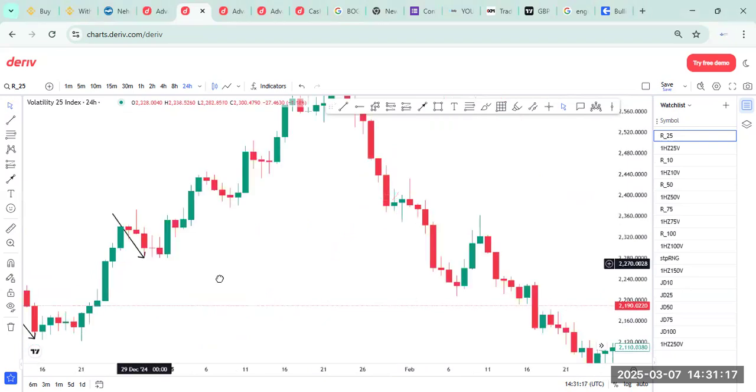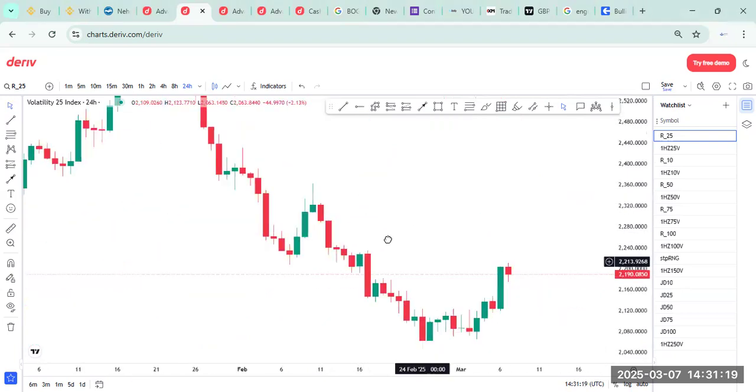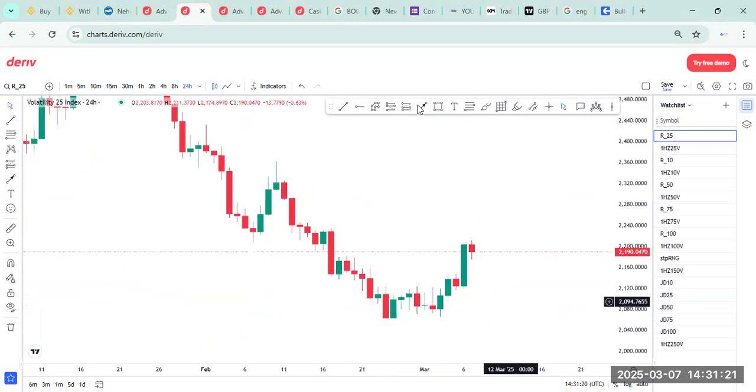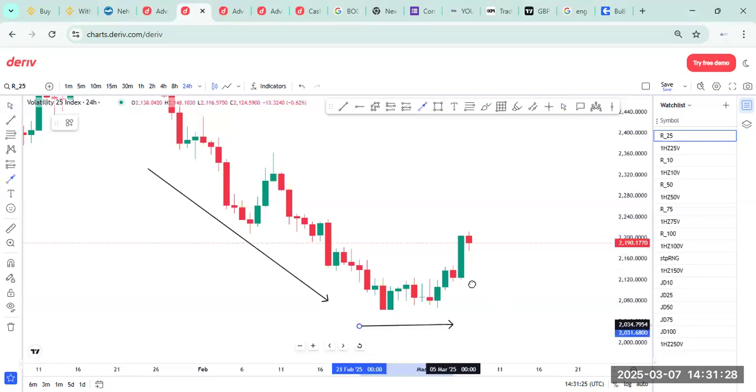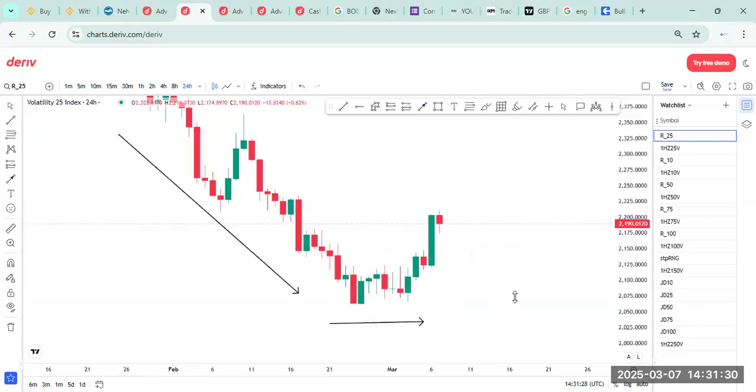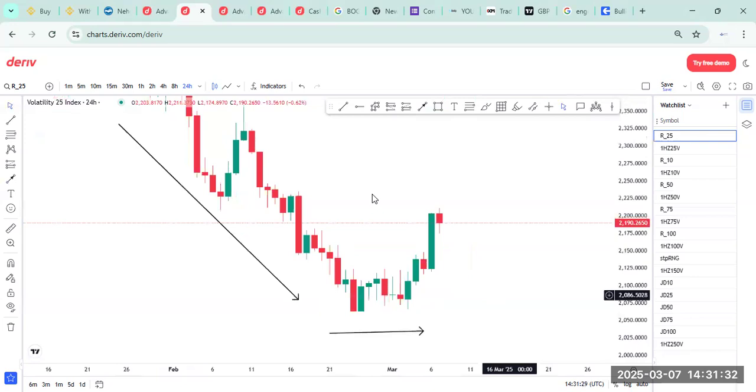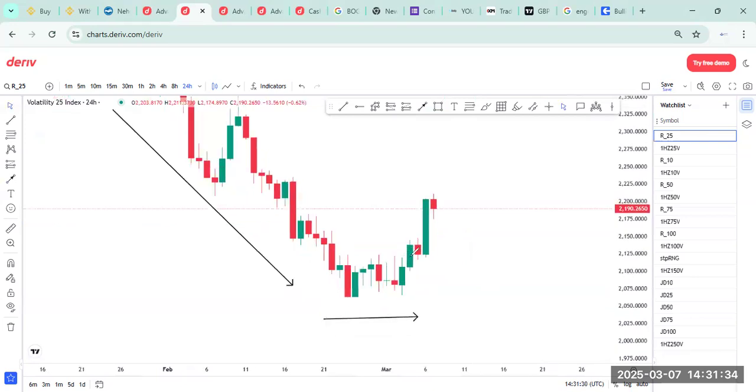Those are the engulfing patterns. So here, the market was trending down. After we got to this bottom here, can we identify a bullish engulfing pattern? Yes. Look at these two candles. Look at the bodies. You see that the body of the green candle was bigger than this one.